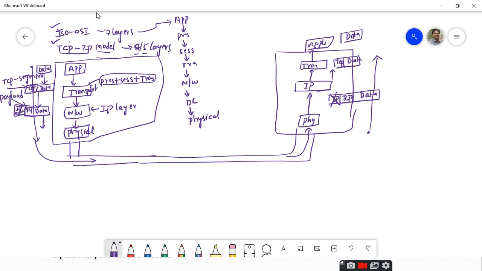This is how TCP/IP is going to work with the data. Whatever data you have, you transmit it from the application layer to the transport layer. The transport layer adds some additional information in the form of a TCP header, and that entire segment is transmitted to the IP layer, which does some necessary processing and adds an IP header. Then it is transmitted to the physical layer, which adds some header or trailer, and the entire packet is transmitted via the communication channel, and the reverse process happens as we have explained just now.